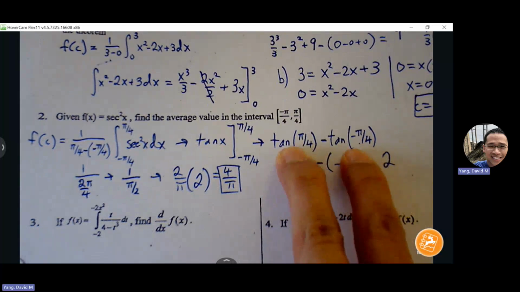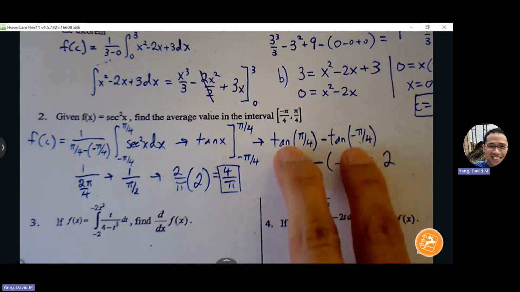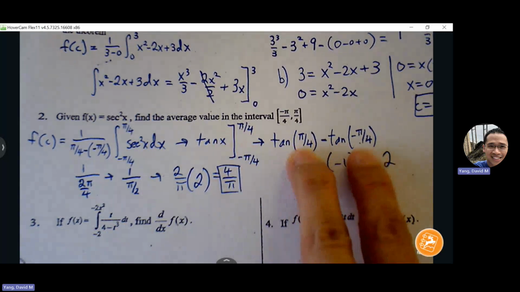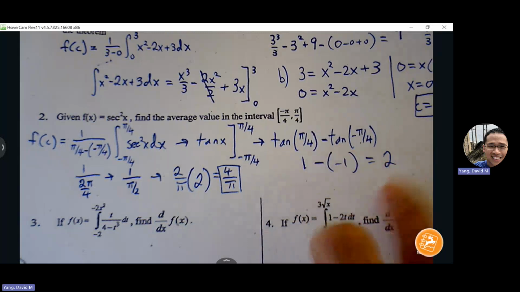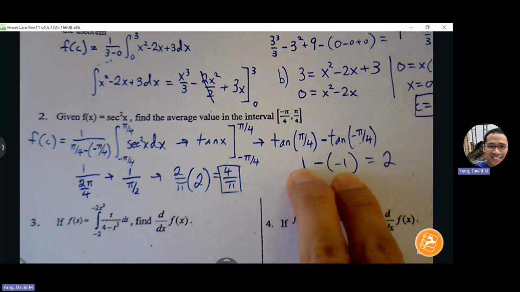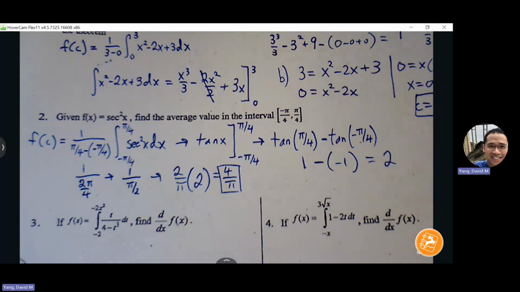Okay, so this is not far enough. You've got to evaluate the trig down to a numeric value. Even though you technically evaluated the bounds, you've got to go one step further. So I'm going to be expecting us to do this, and same as the AP exam, they're going to want you to get at least to this point before you can stop and earn full credit. So you don't need the 4 over pi, you just get that 2.